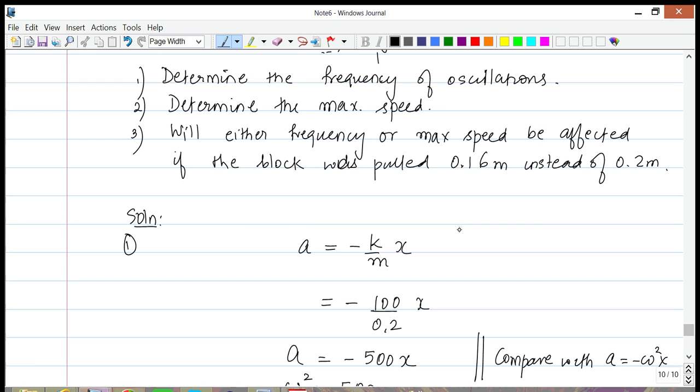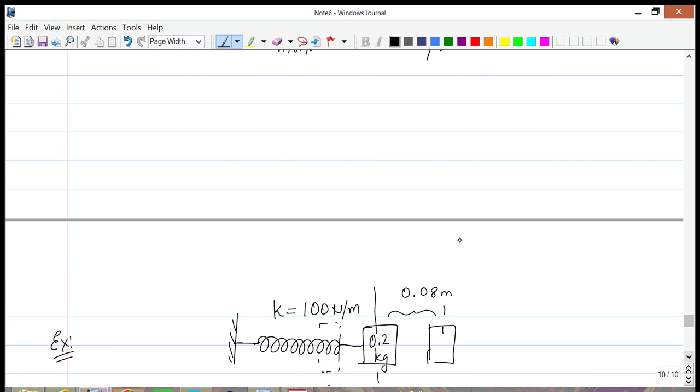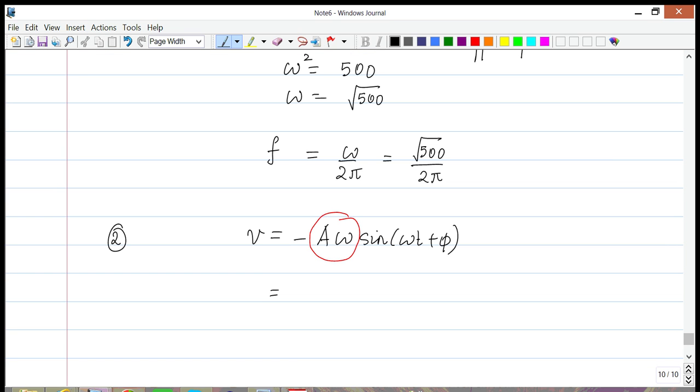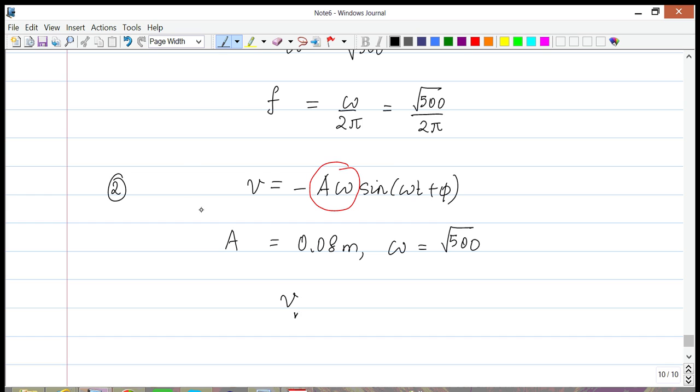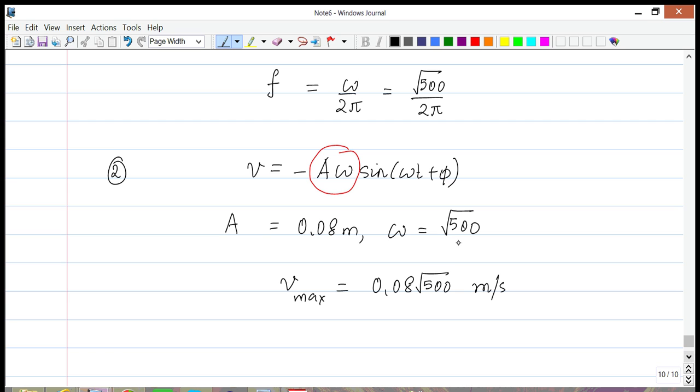If you look at it, we pull it by 0.08 meters, so that is the amplitude. A in our problem is 0.08 meters, 8 centimeters, and omega is already square root of 500. So v max is simply the product of A and omega: 0.08 times square root of 500 meters per second. You can calculate these numbers.